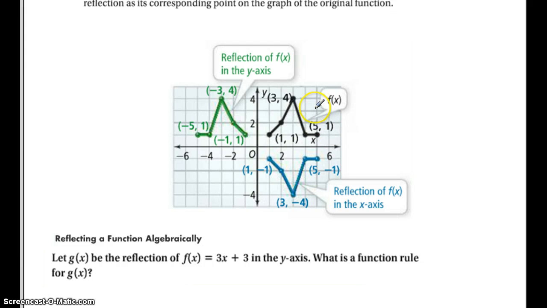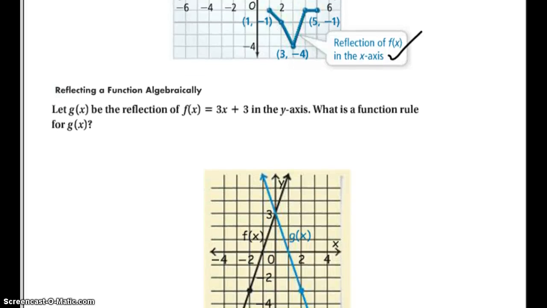Take a look at the black graph right here, and you can see the reflection of it in green right here. That's reflecting over the y-axis. And you can see the black graph again being reflected in the blue graph over the x-axis. And we're going to show you how to reflect over the y and how to reflect over the x-axis.